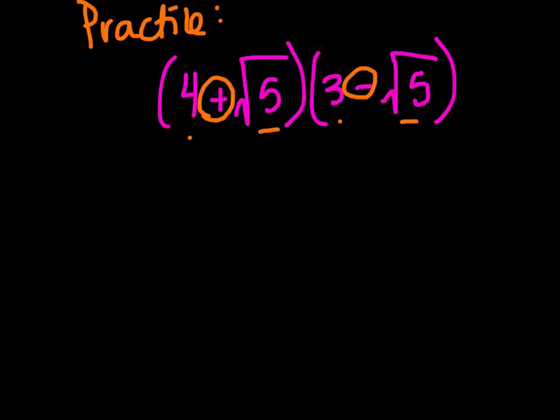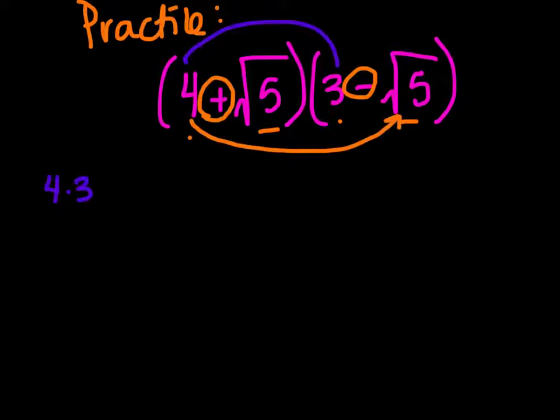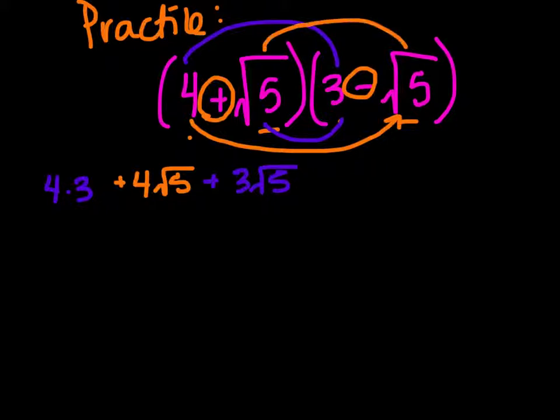So let's get started. Our first terms, we're going to say 4 times 3, and then we have our outside terms. So 4 times the square root of 5. Our inside terms plus 3 square root of 5. And our last terms. Ooh, I did that wrong.